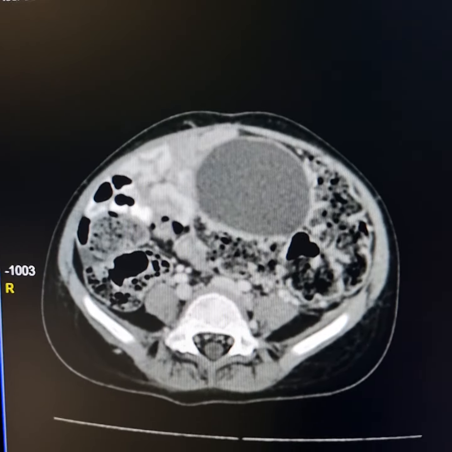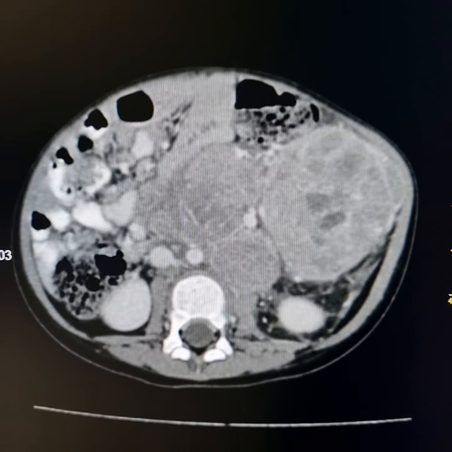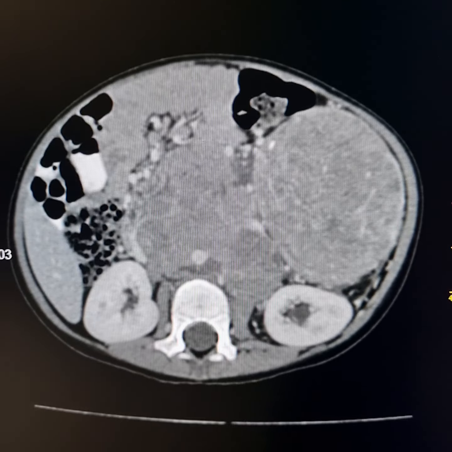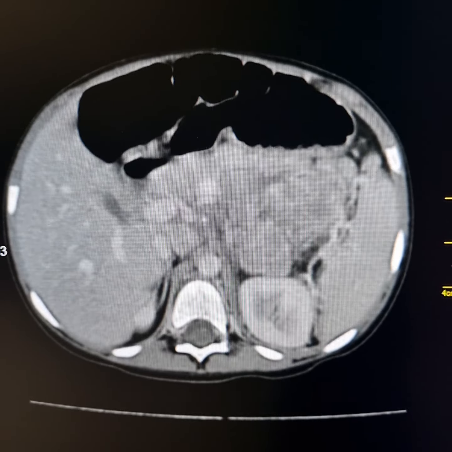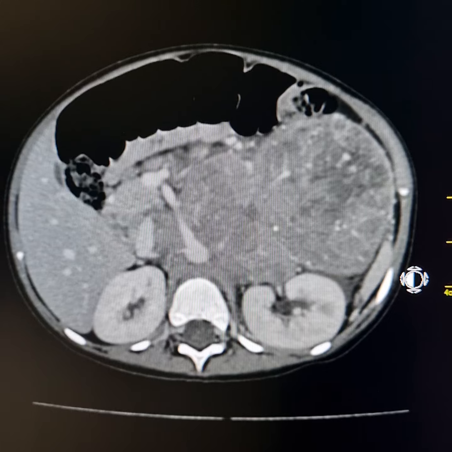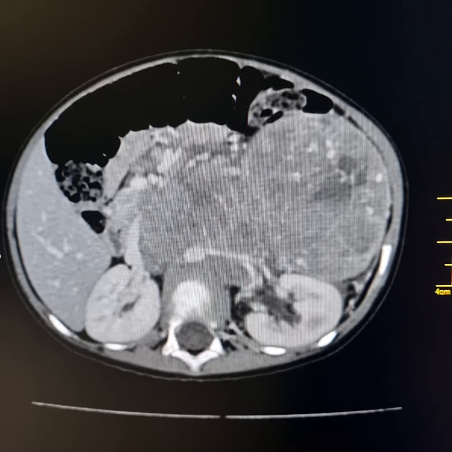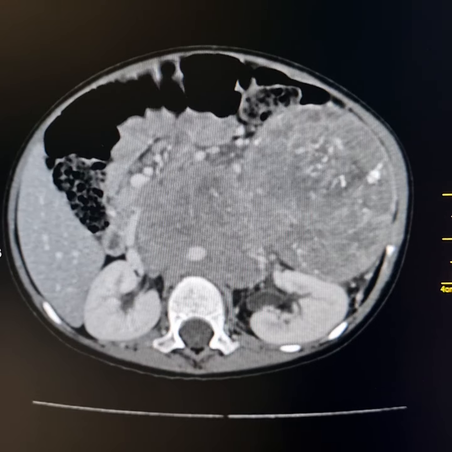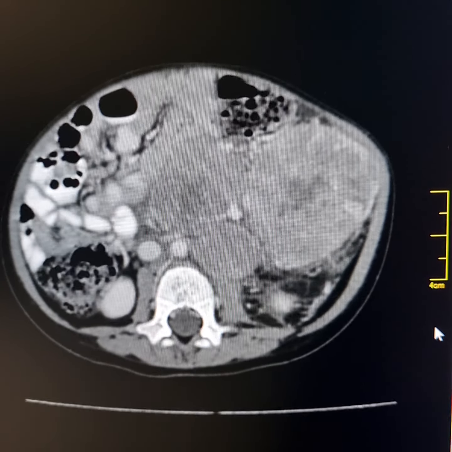So it is a case of neuroblastoma, which is originating from the sympathetic chain along the aorta. Typical features of neuroblastoma are present, showing calcifications extending across the midline onto the right side, surrounding blood vessels.